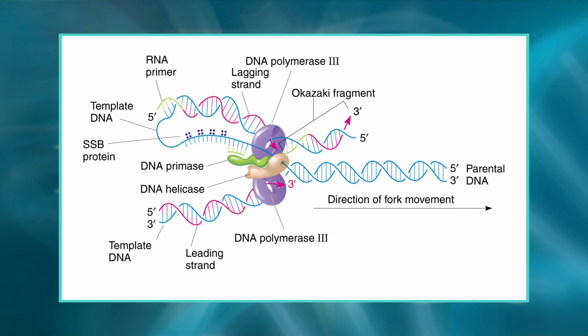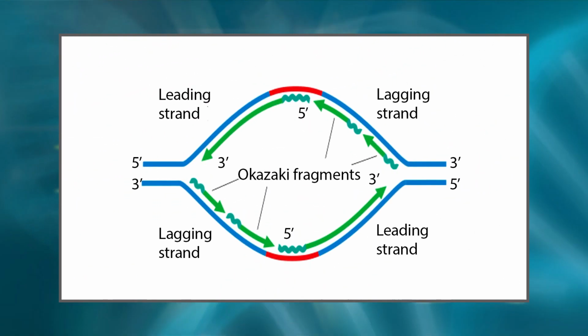This is the template strand, that is 5' to 3' direction, that is synthesized in a discontinuous manner by RNA primers. During the synthesis of the leading strand, it exposes small short strands of template that are then used for the synthesis of the Okazaki fragments.